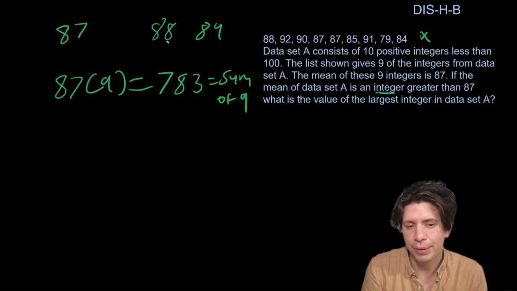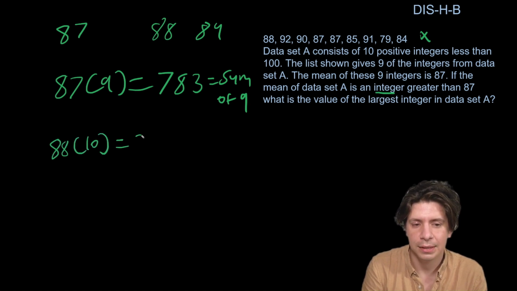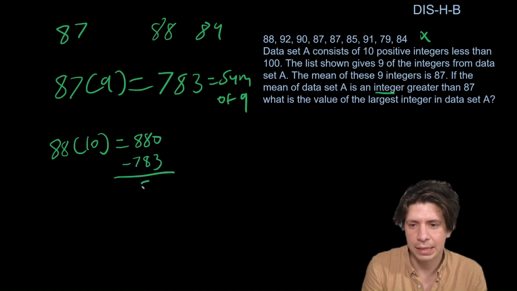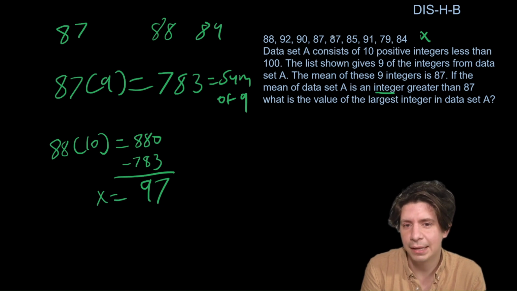Now, if the new mean is 88, we would just do 88 times 10 to find the new sum, and that's 880. And then we would subtract 783 from it, and we're going to get 97. So X could equal 97. If X is 97, that's bigger than any of these numbers, so the biggest number would be 97.